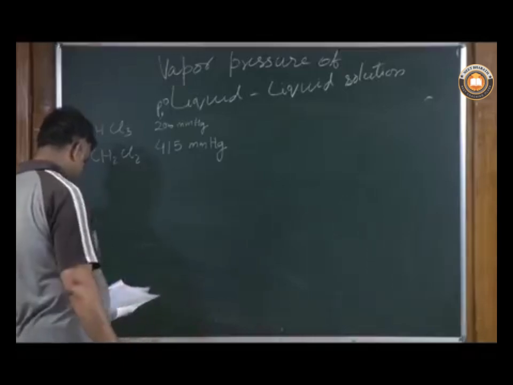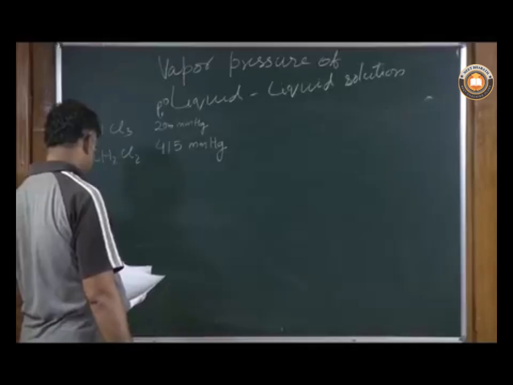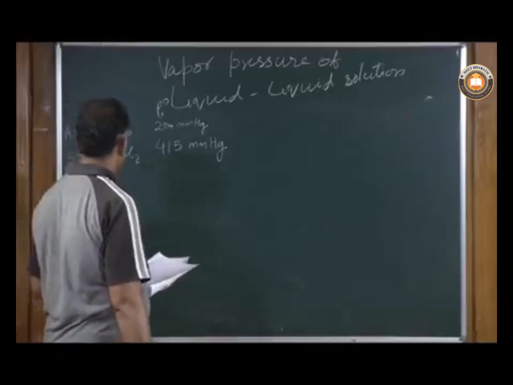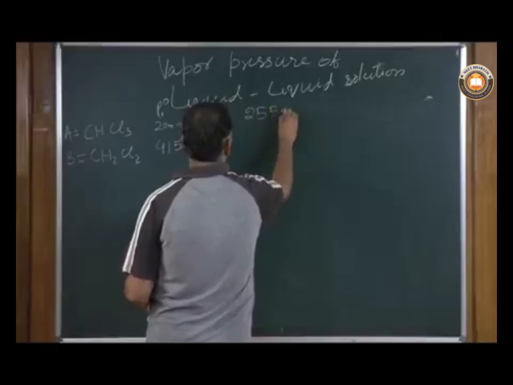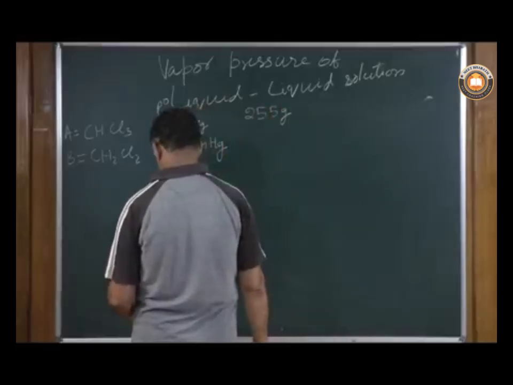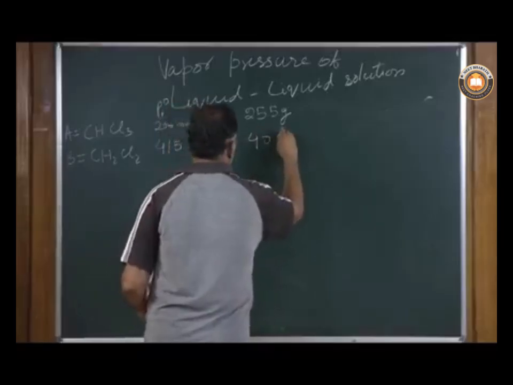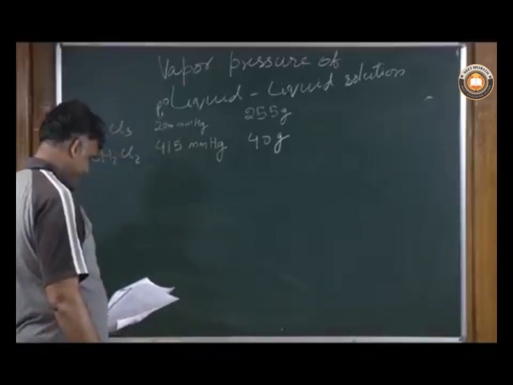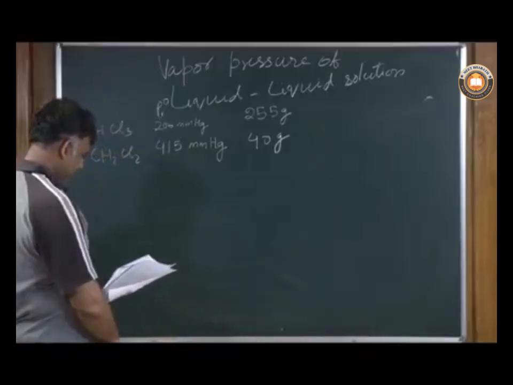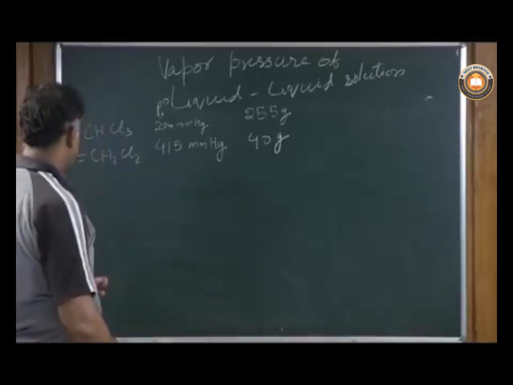Okay. Now, number 1, calculate the vapor pressure of the solution prepared by mixing 25.5 gram of CHCl3. So, we are mixing 25.5 gram of this and 40 gram of liquid B. And we are asked the vapor pressure of A and B and the total vapor pressure.